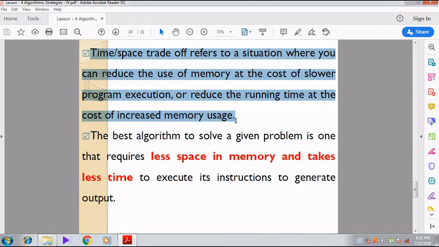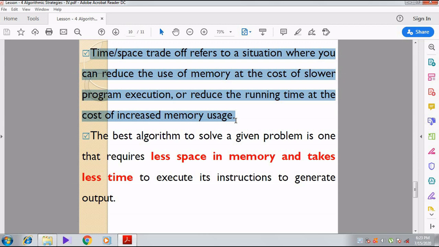So we cannot consider both always. We can go either by space or by time. Whenever memory space is low cost, we can go for low memory space and faster running time.